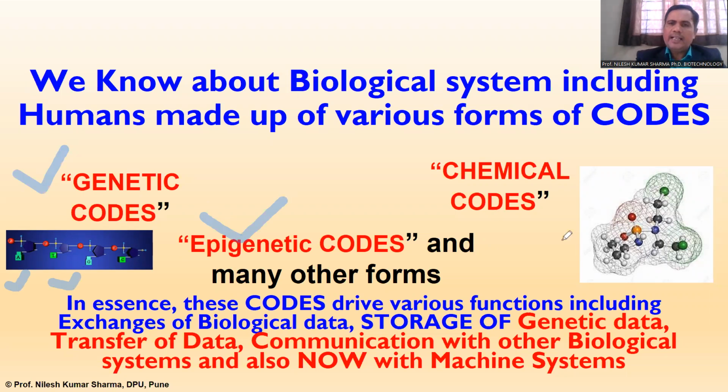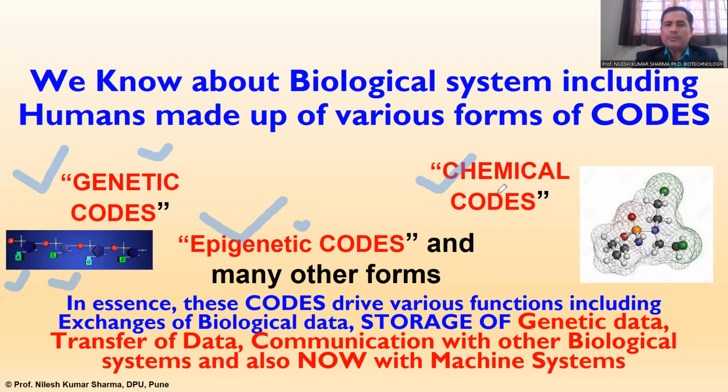Then sometimes we can also refer to it as chemical codes, like how the enzymes may work, how proteins may work, and many more systems. So these codes, whether genetic codes or epigenetic codes or chemical codes, are creating the biological system or biological cell to work with the environment, to work with our surroundings where we live.